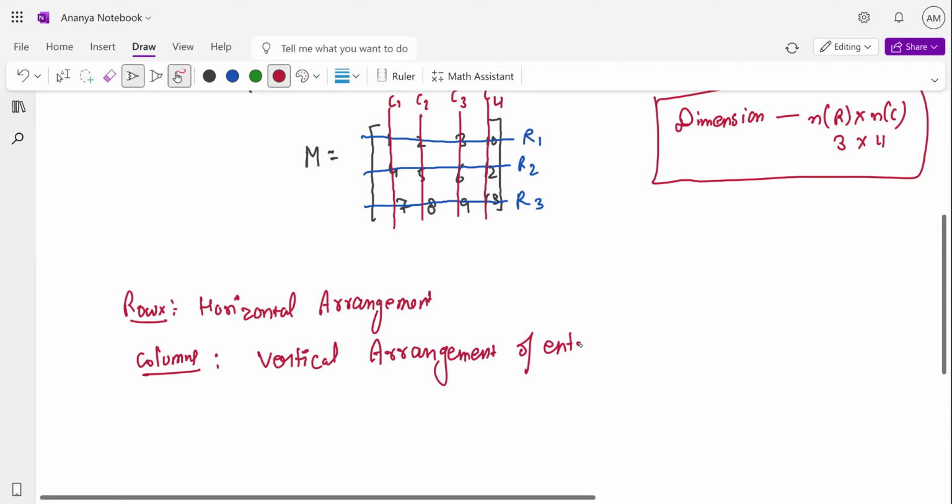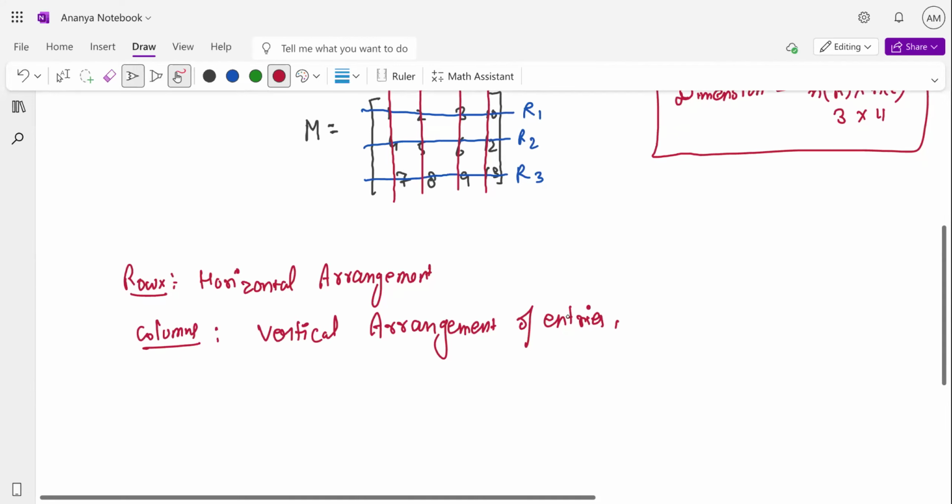These entries can be anything like numbers, functions, alphabets, whatever I want to put in my matrices. Okay, that's fine. Now, what is the order of a matrix?